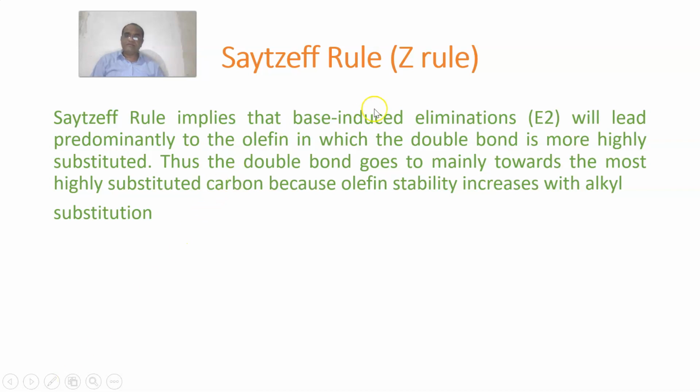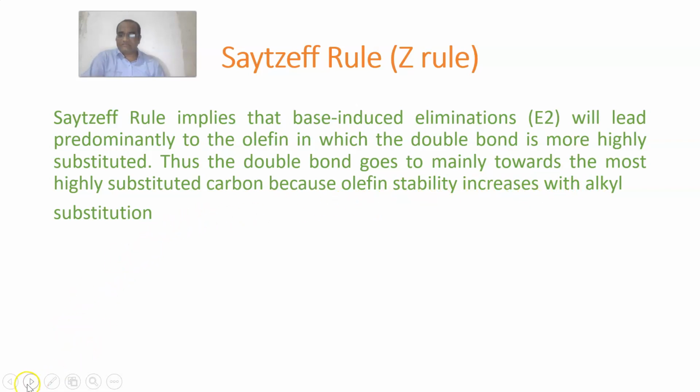This rule implies that base-induced elimination, that is E2, will lead predominantly to an olefin. Olefin is nothing but an alkene, in which the double bond is more highly substituted. Thus the double bond goes mainly towards the most highly substituted carbon, because olefin stability increases with alkyl substitution.